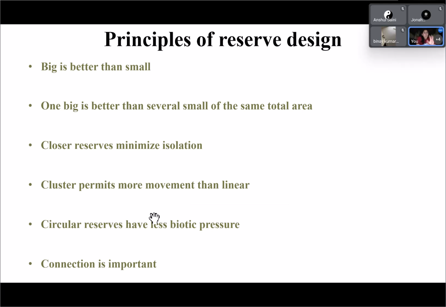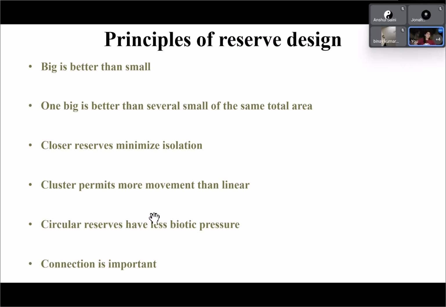Anything and everything that you see for conservation of wildlife, you will see that they are mostly focused on building connectivity between the land masses so that it facilitates movement of animals. So you want the animal to keep moving and not be isolated.